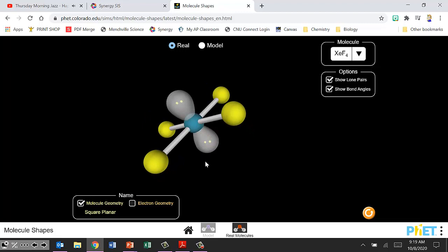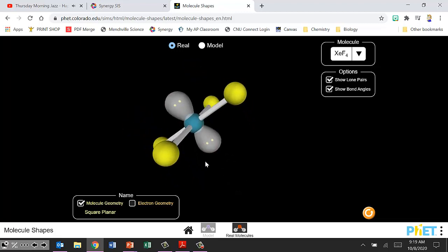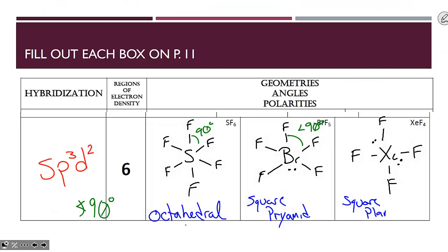Since they set up opposite one another, we end up with a flat square known as square planar, and they'll equally repel the bonded pairs, and so the bond angle actually doesn't drop with this molecular geometry. So we call this square planar because it's a square that lays flat in the plane of the nucleus.